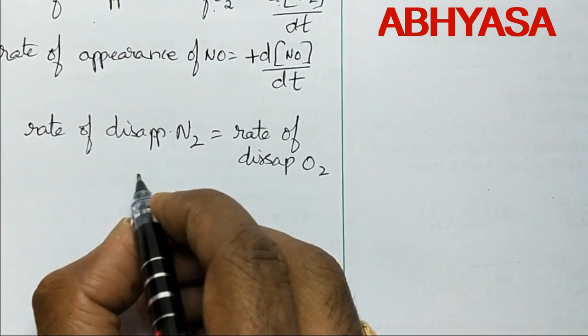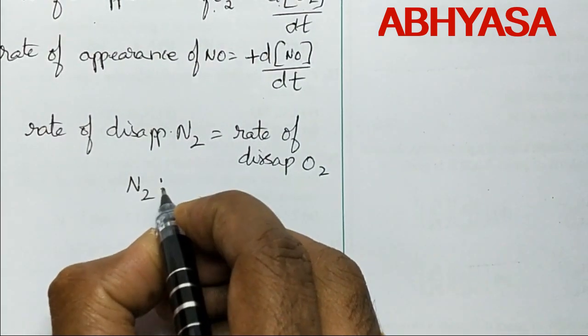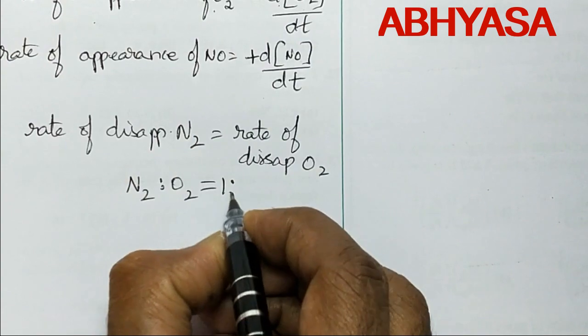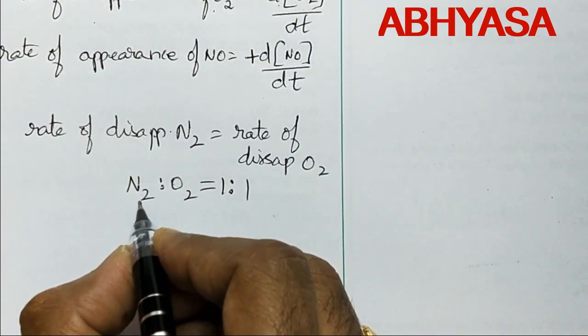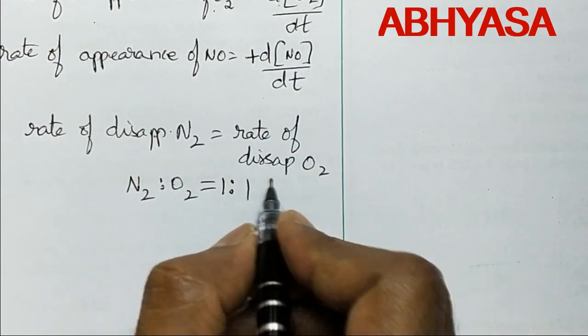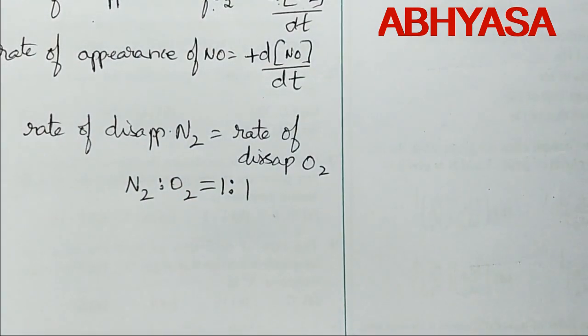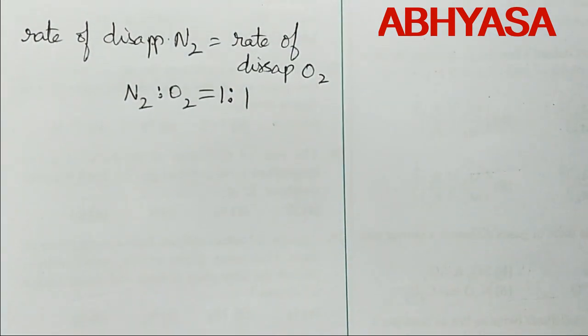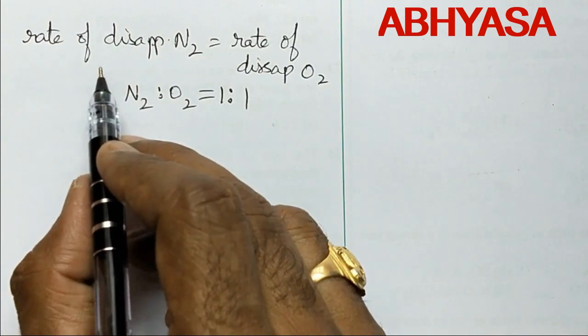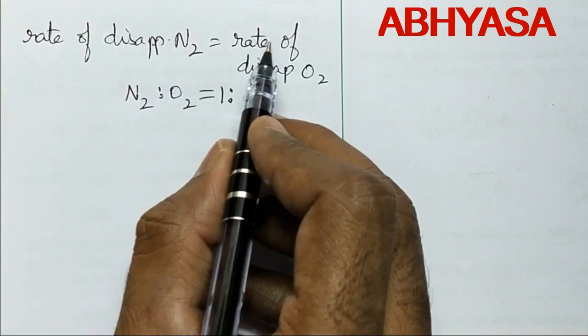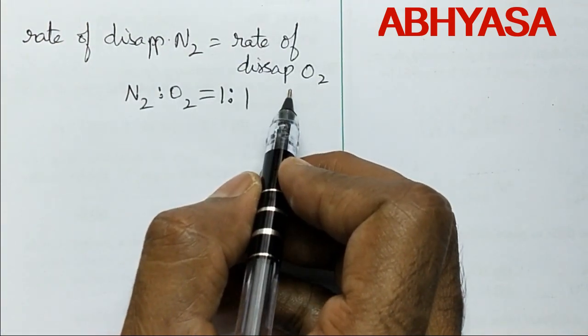It is because nitrogen and oxygen react in the ratio of 1:1. If 1 mole of nitrogen reacts, 1 mole of oxygen will also react. So the rate with respect to nitrogen is equal to the rate with respect to oxygen.